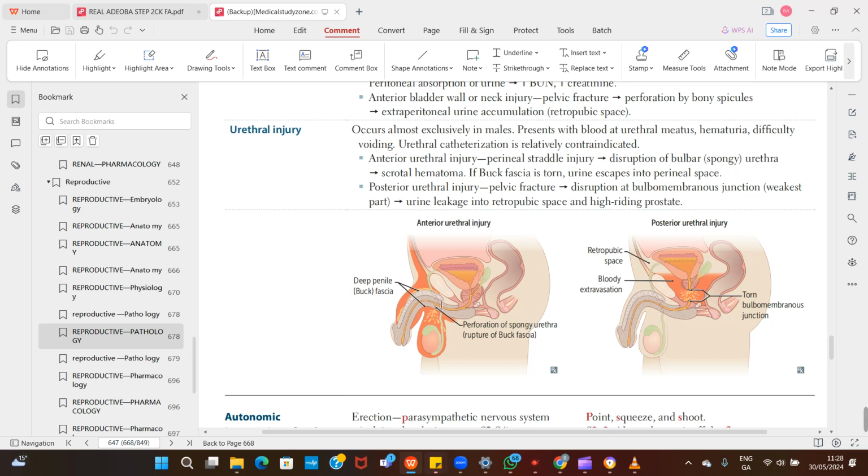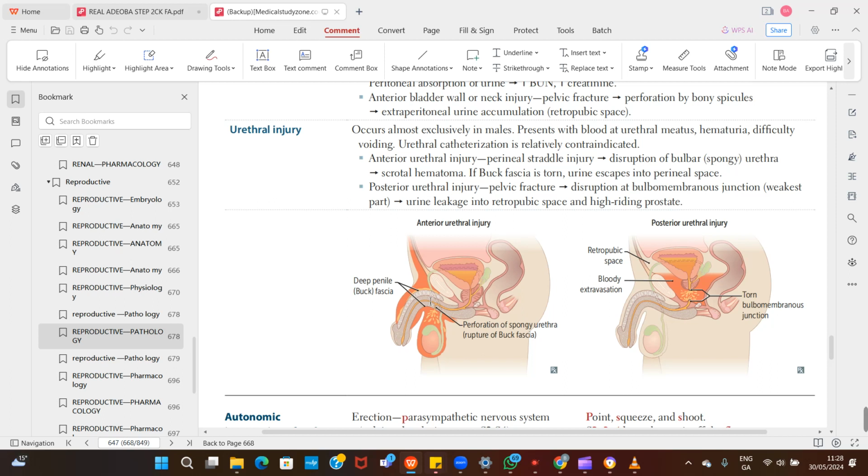But for anterior, which involves the penile urethra or the bulbar urethra, this usually occurs following maybe blunt trauma to the urethra, like a kick, or maybe the person fell astride, like on a bicycle handlebar with the perineum falling on the bicycle, or horse riding.